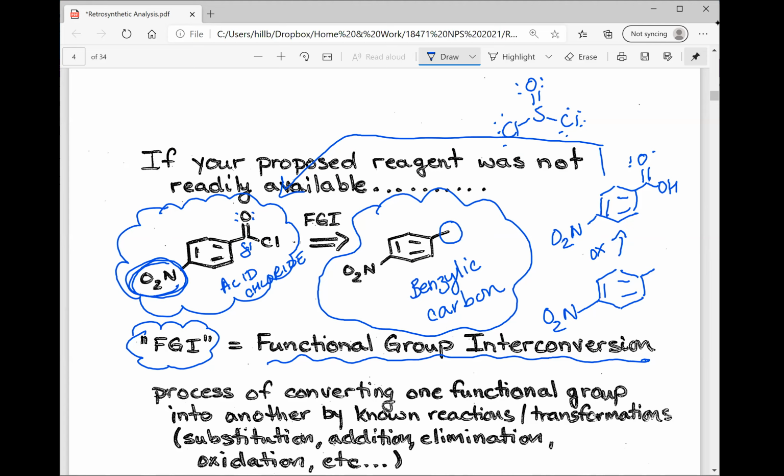So what you'd want to do is make this and react it, not ship it across the country. So that's basically how this would work. They would start with this, do an oxidation, and convert the carboxylic acid with thionyl chloride. So if this isn't available, use functional group interconversion to something that is simpler.